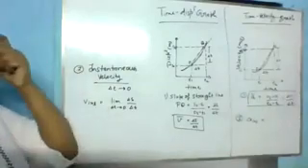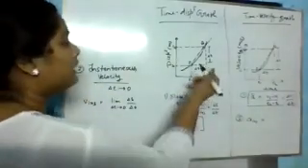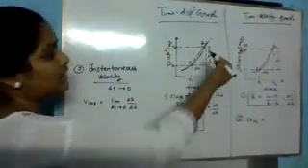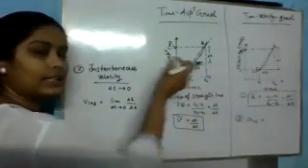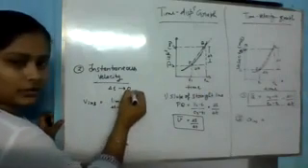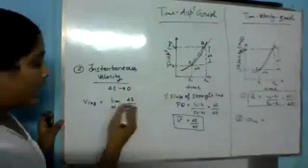Okay, just listen. Instantaneous velocity. When we are talking about instantaneous velocity, that means we are talking about velocity at a particular time. So just imagine if point Q is very near to point P, that means delta T is very less. So if delta T tends to 0, then we have to apply a limit.